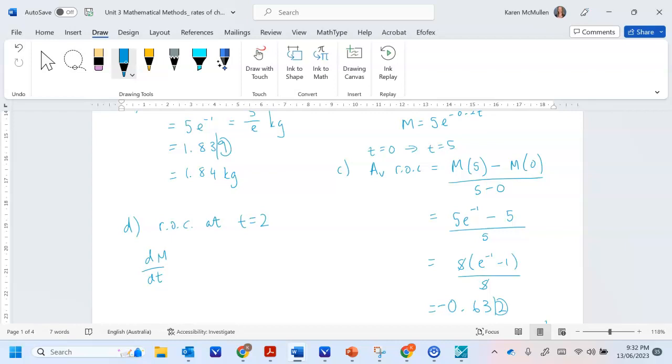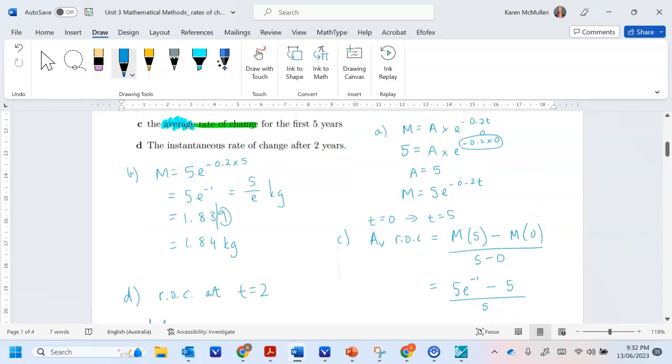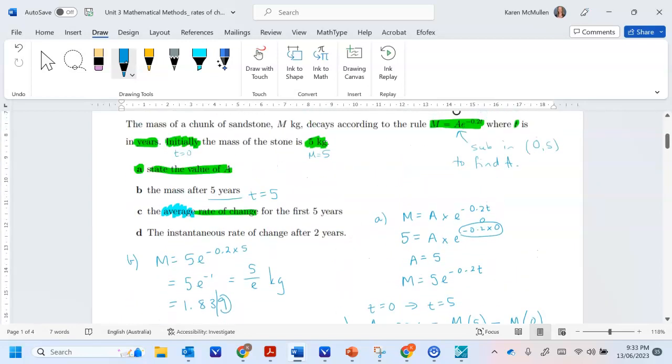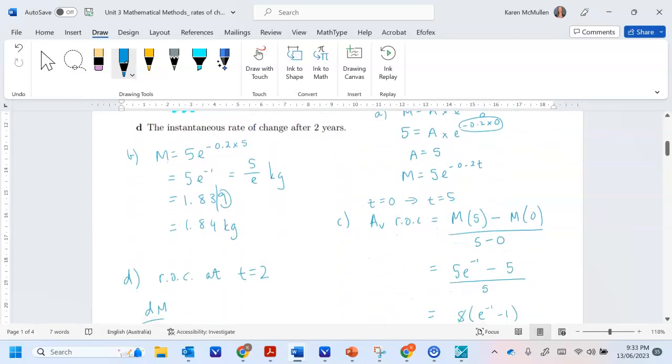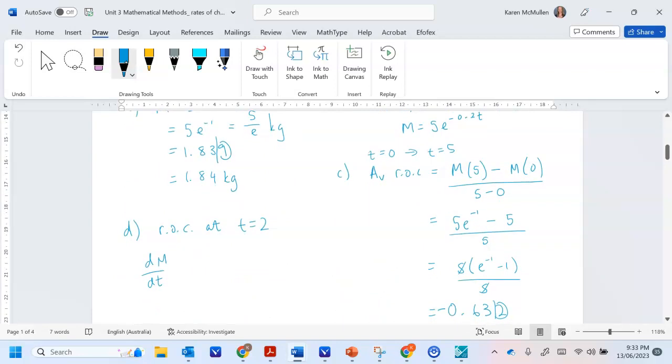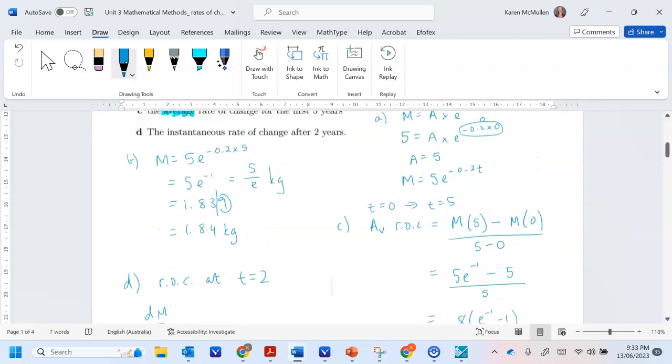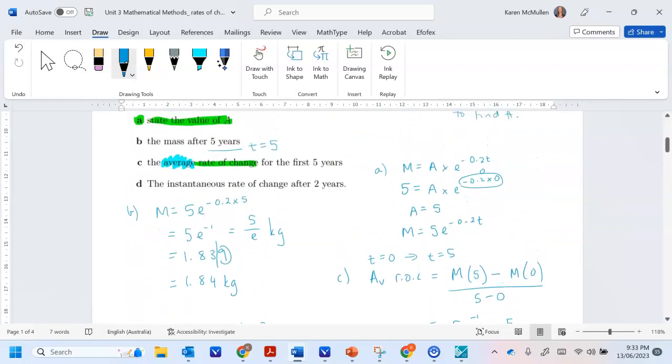All right, dy dx. So here, because we're using m and t as our variables in our question, our gradient function is dm dt. And if you're ever unsure which one's y and which one's x, just have a look at your equation. So what is in the place of where y usually is?